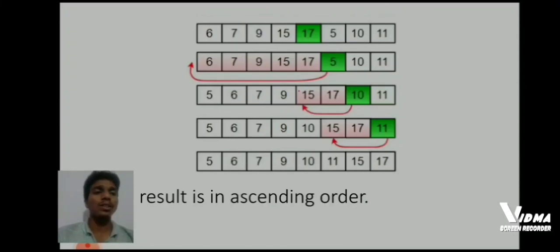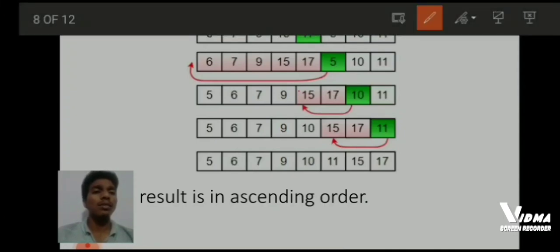And now it's time for 5. 5 compares with all the previous elements, and 5 is smaller than all the predecessors, so 5 comes at the first index. Again 10 compares with all the predecessors, and 10 goes after 9 and before 15.